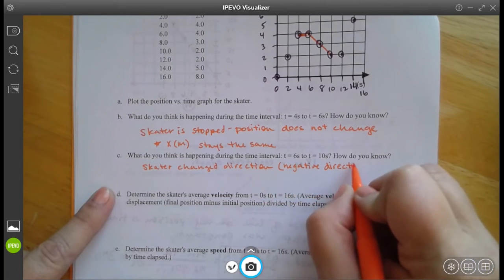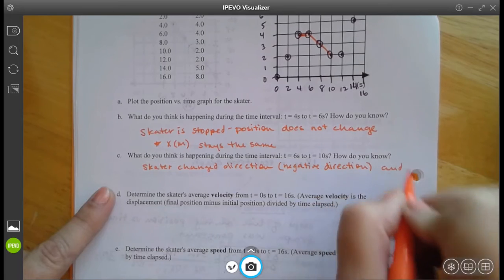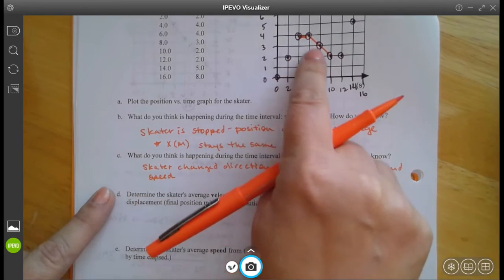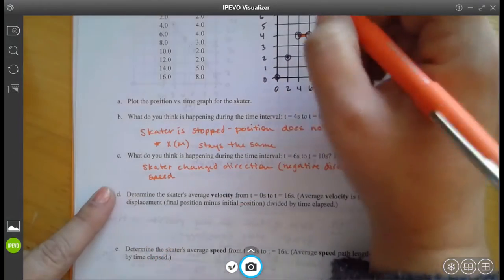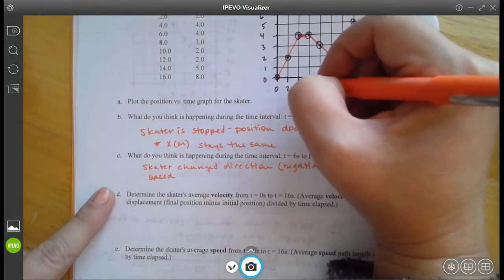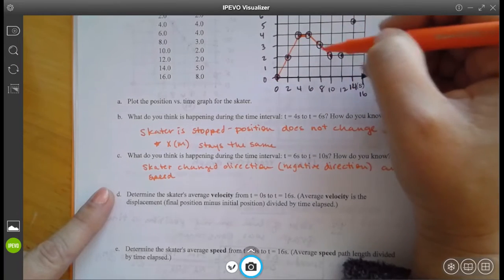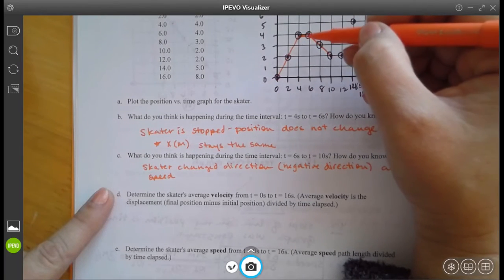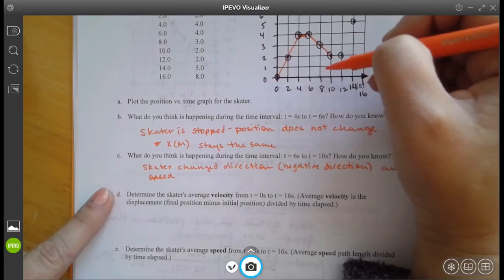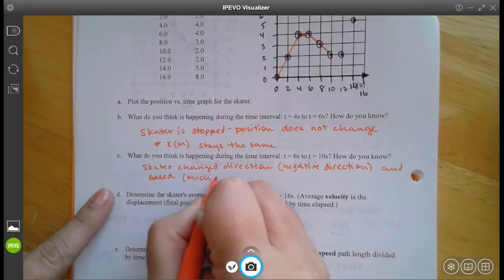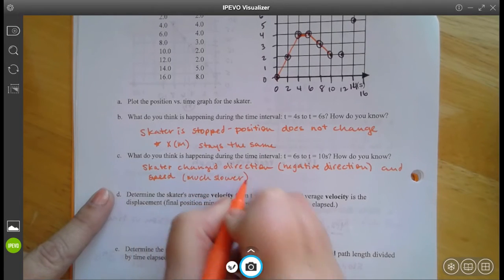It's going back towards 0. And he's changed speed. We can know he's changed speed because the slope here is much shallower than the slope here. In the first 4 seconds, our skater is traveling 2 meters each second. From 6 to 10, he's only traveling 1 meter every 2 seconds. It's much slower.